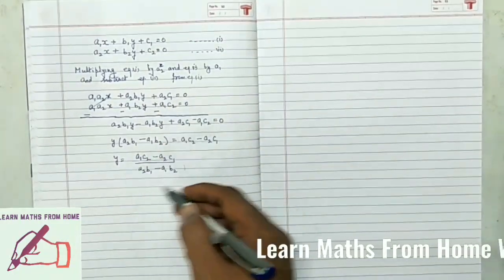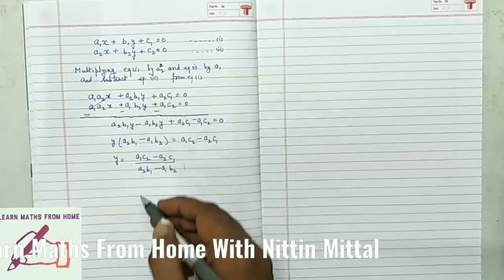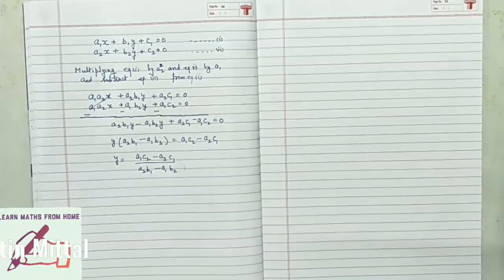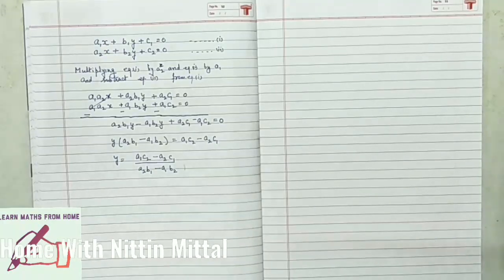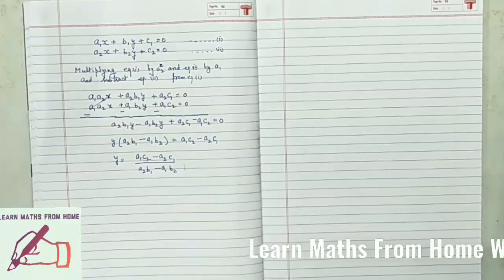Now in a similar way, we won't be putting the y value to get x, because the y value is, you can say, complicated. So to get x we will apply this method again, but this time we will equate the coefficients of y to eliminate y and get the value of x.